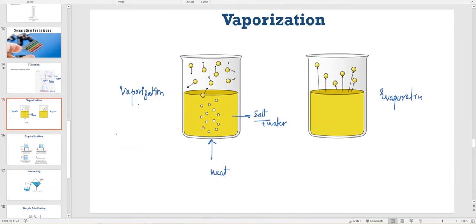The difference is that vaporization happens only at boiling point, and evaporation happens at all temperatures.